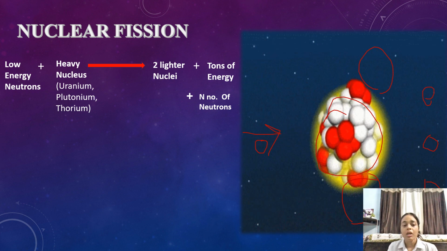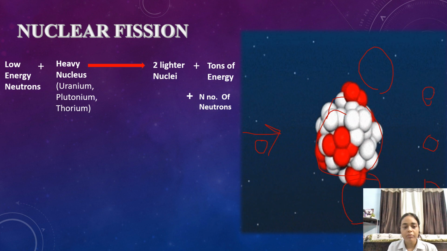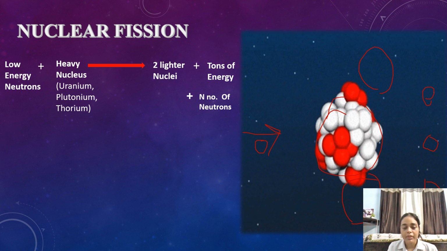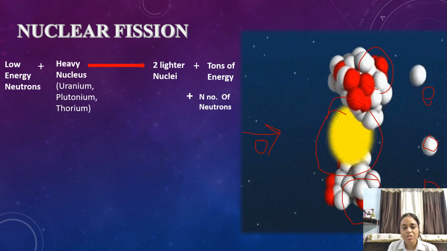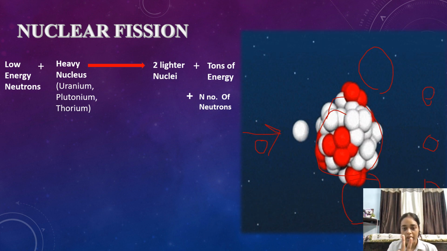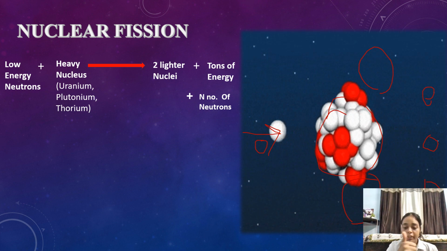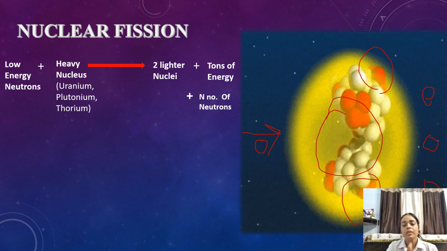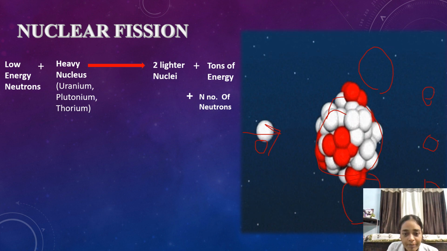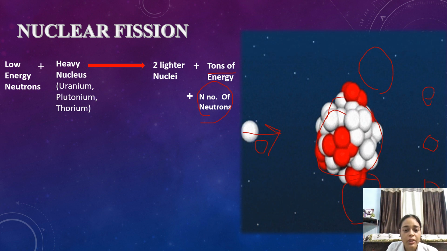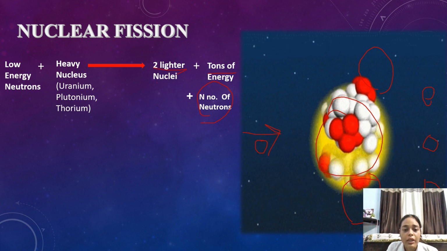So we are taking uranium, plutonium and thorium in this reaction. When they bombard together, this leads to the formation of two lighter nuclei plus tons of energy, and n number of neutrons are released. Okay, n number of neutrons, tons of energy and two lighter nuclei.